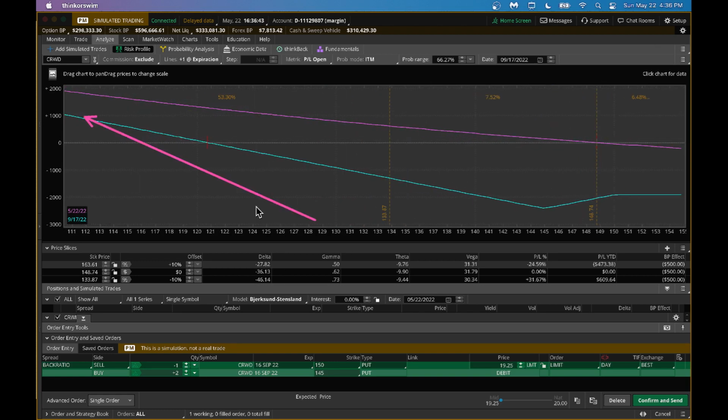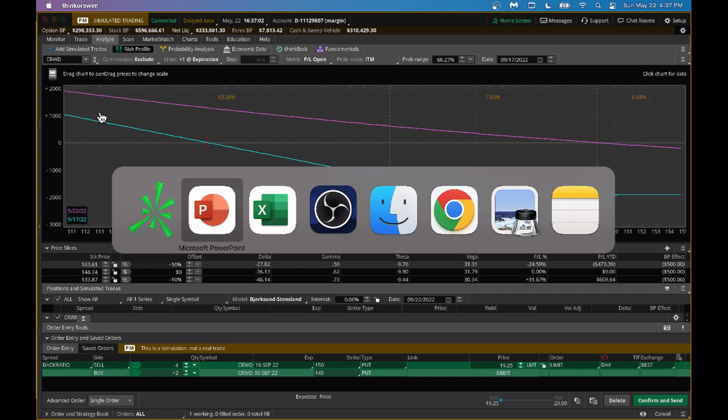If the stock goes below 121 here, you'll start making a good amount of money. So this is another way I would trade stocks that are really high octane, with a high price to sales ratio or high valuation. You could implement such strategies by buying a put spread or even a put back ratio spread.